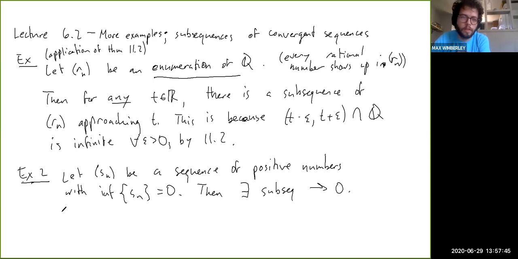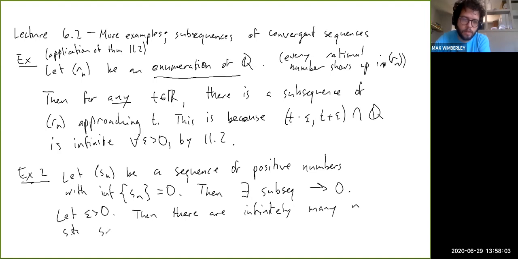Okay, this is because if we let epsilon be greater than 0, then there are infinitely many n such that Sn is less than epsilon. Right, and so why are there infinitely many n?